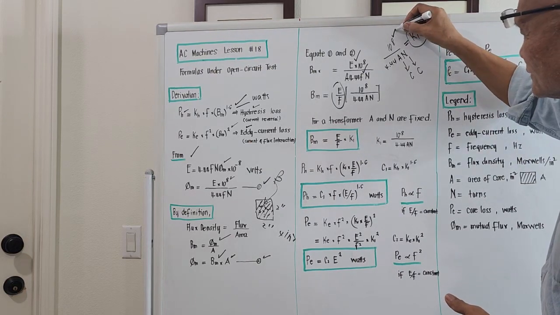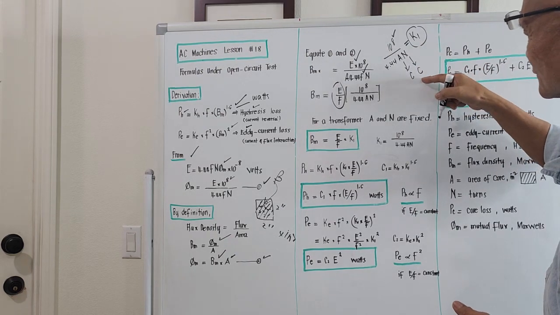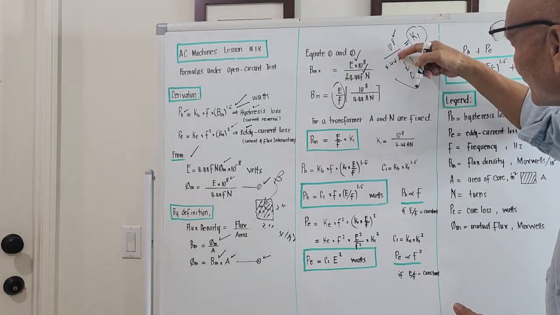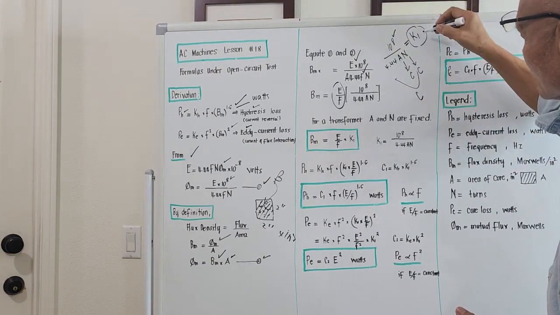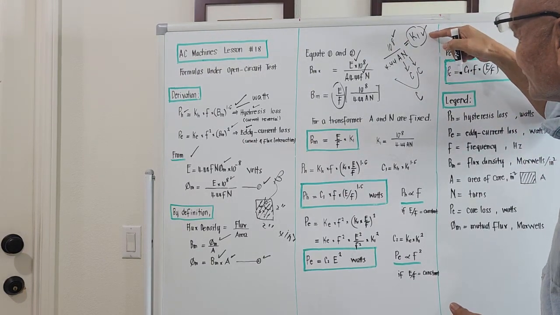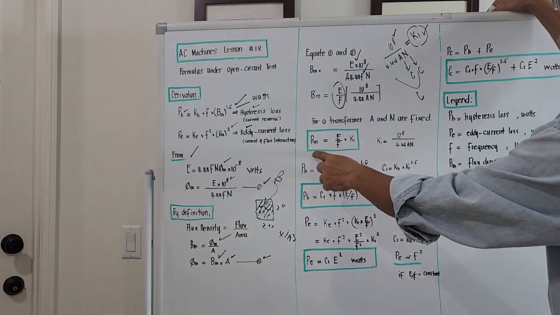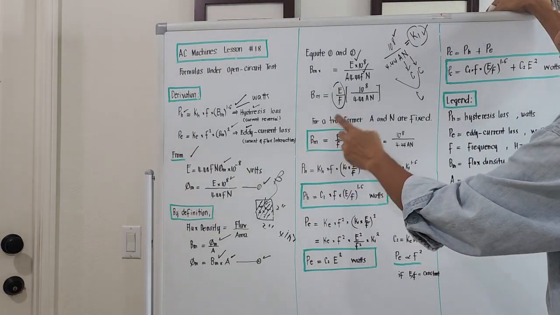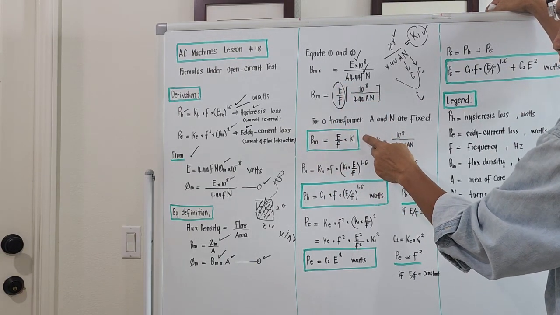So 10 to the 8 over 4.44 times a constant, the overall product will still be a constant. So 10 to the 8 over a constant, we call that K1. So what will come out? Flux density now will be E over frequency times K1.